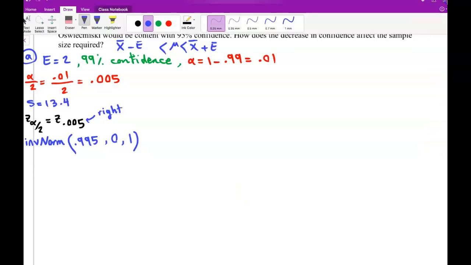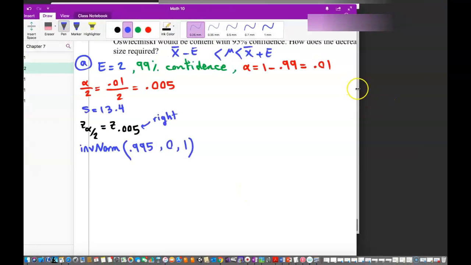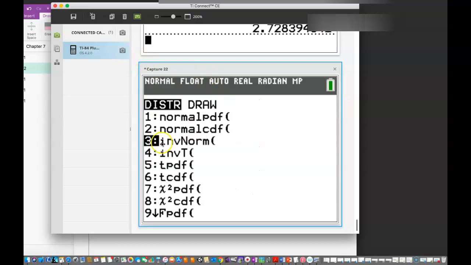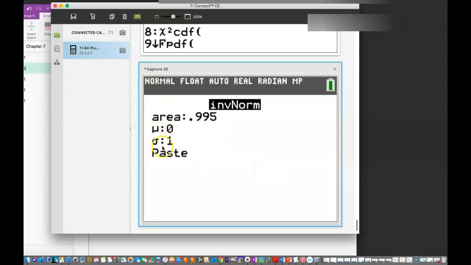Okay, let's use the calculator. Second, vars, number 3. Okay, so choosing number 3, enter. The area is 0.995. So what I have is this one. Mean 0 and standard deviation 1. Then enter.